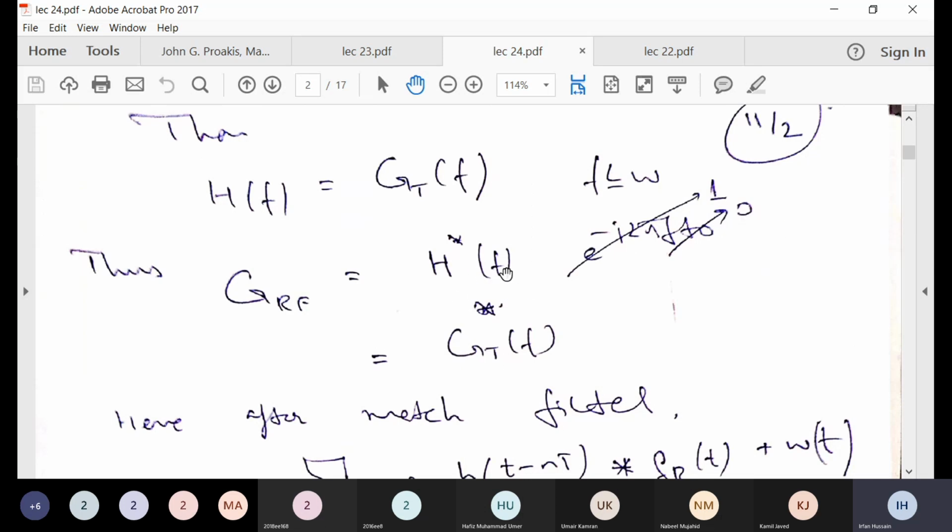T naught is 0, H(f) conjugate, it is G_T(f). Again, normally it comes out to be H(f) into G_T(f), or G_R(f) is equal to G_T(f) conjugate.